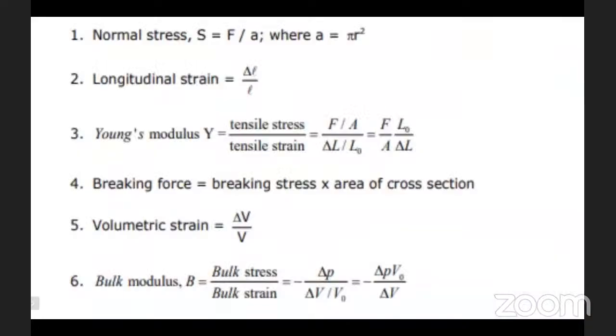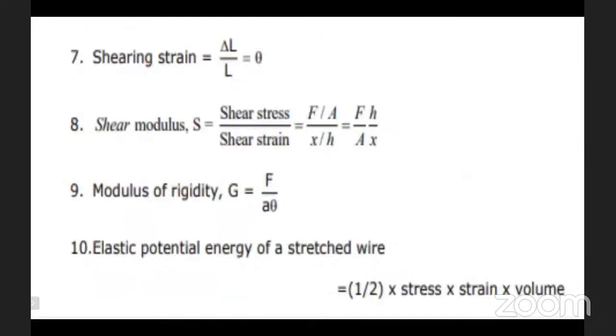Important principles in this lesson: normal stress S equals F by A, longitudinal strain del L by L, Young's modulus Y equals F by A into L by del L. Breaking force equals breaking stress into area of cross section. Volumetric strain equals del V by V. Bulk modulus B equals bulk stress by bulk strain, that equals minus del P by del V by V naught.